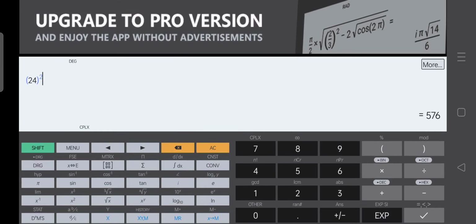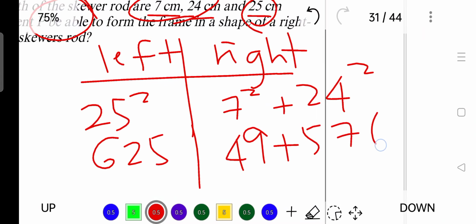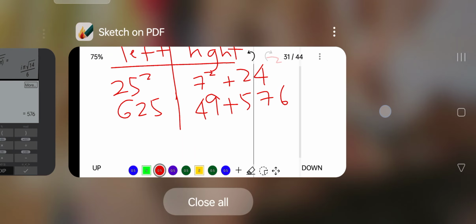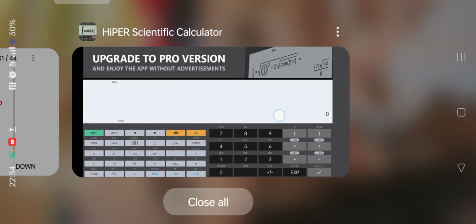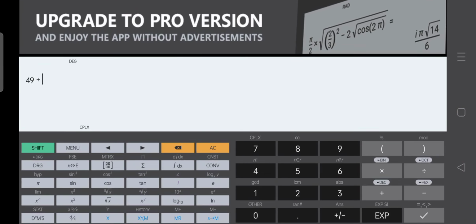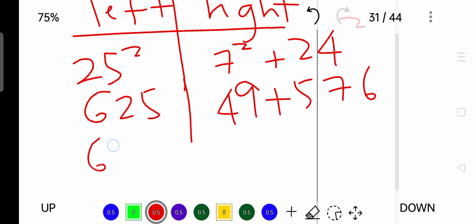Let's see. Yes, it's 576. If I add up 49 with 576, will I get 625? Yes, I do get 625.